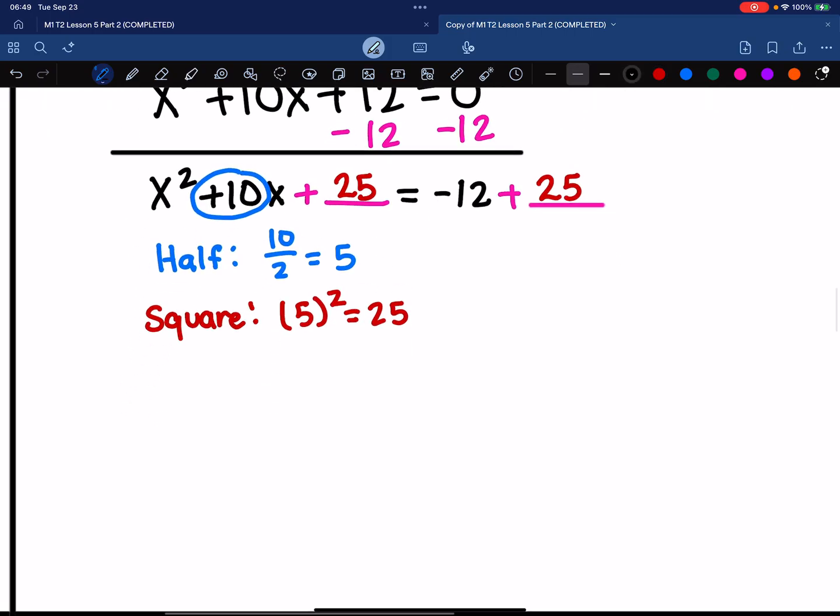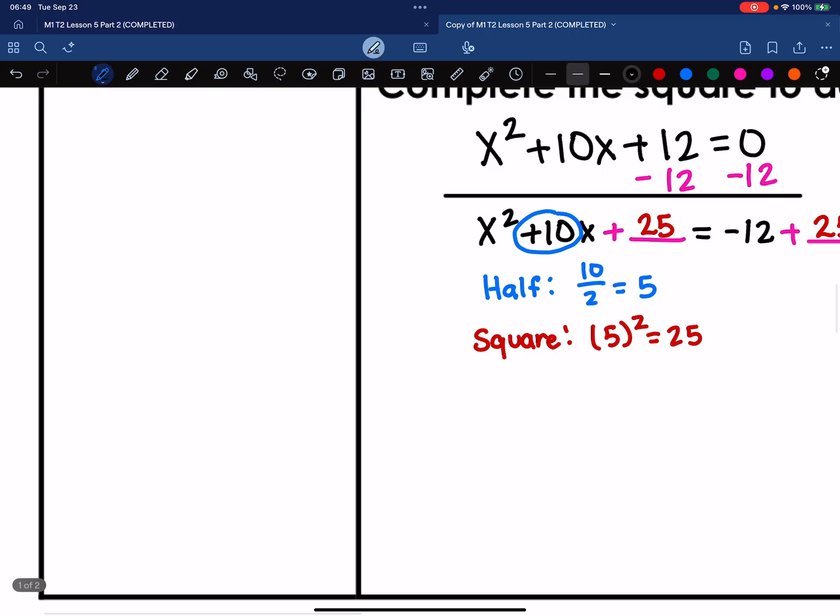So now, off to the side, we're going to factor the x squared plus 10x plus 25. There's no number in front of the x squared, so we can go straight into factoring. 25 is going to go on top. 10 is going to go on bottom.